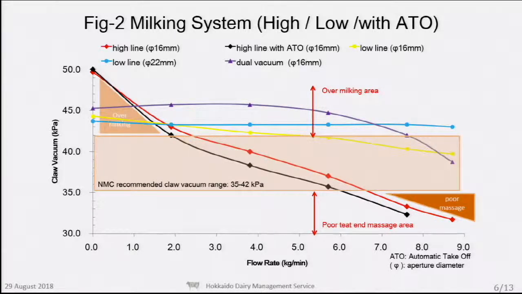We have to get operating vacuum in the NMC recommended flow vacuum range on every milking system as much as possible. We have to decide operating vacuum using a flow simulator at installation and travel times. On this picture, the low line system and dual vacuum system operating vacuums are too high. This is operating vacuum at 42.